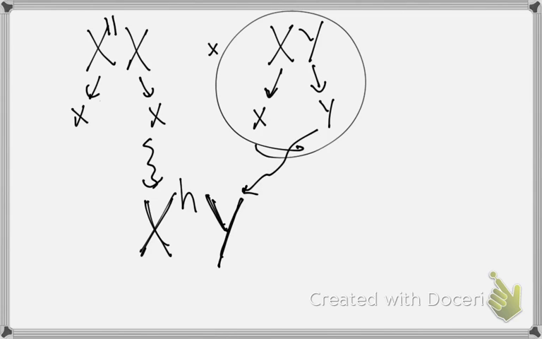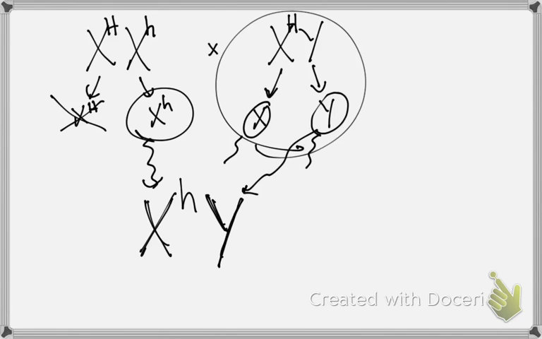So let's say that mom is a carrier and dad is normal. And the egg that made the little boy wasn't the one with the normal gene. It was the one with the hemophilia gene. And the sperm that got there first wasn't the X carrying sperm. It was the Y carrying sperm. Now you have an offspring.